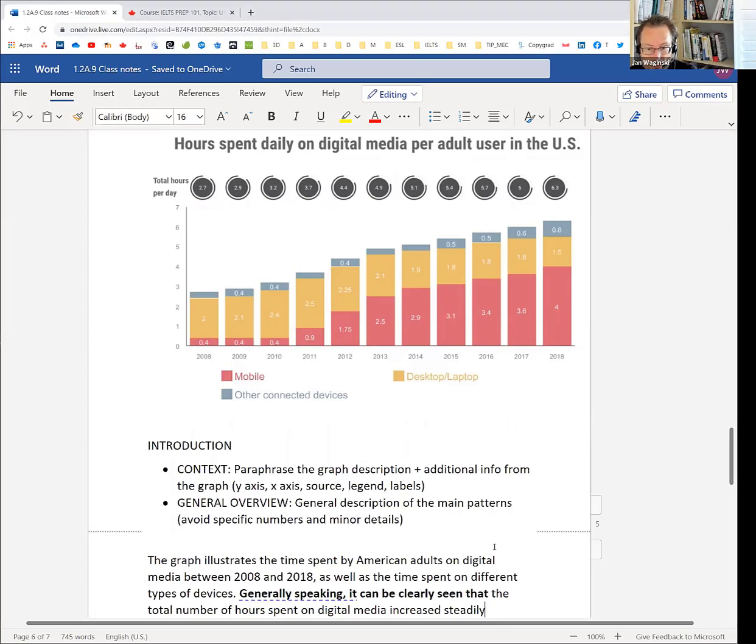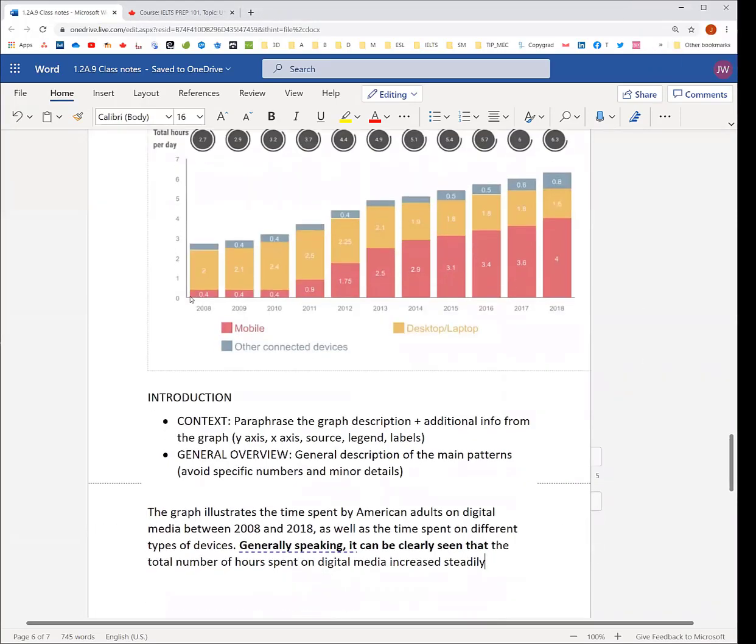But we do want to mention the big pattern, which is that the mobile. I can say as well as the time spent on mobile devices.